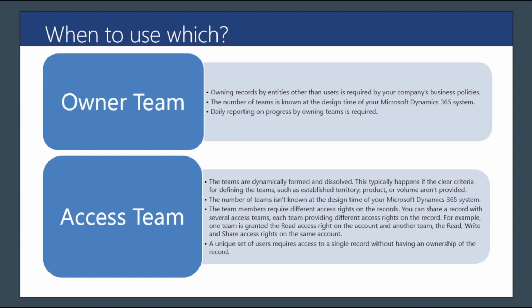The record is then shared and access granted to that user. Once the last user is removed from the team, the system will automatically remove the team from the system. So it helps keep the tables under control, and that automated management is nice. It removes the sharing for you, it removes the team for you, and it fits specific use cases.